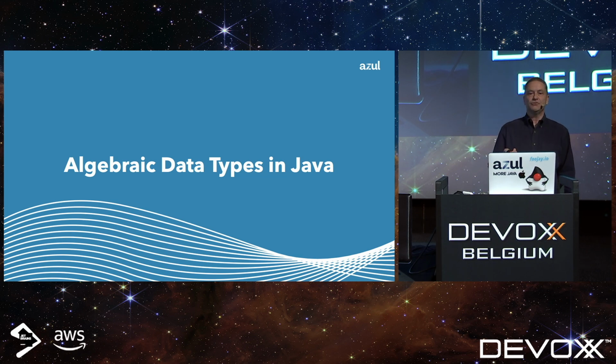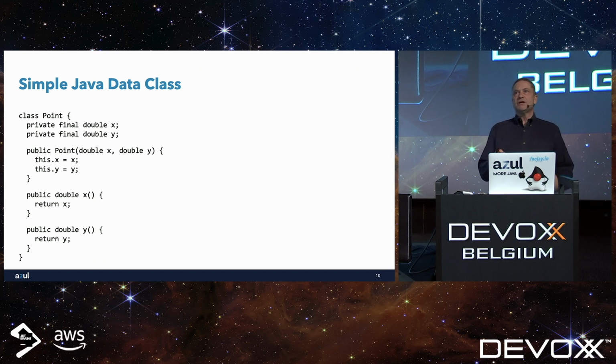And there's two things that we need to talk about there. First is what we do in terms of creating simple classes in Java. We do this a lot. What we're doing is object-oriented programming. We are encapsulating some values, and in the case of a point, it is just two values, x and y, which are doubles.